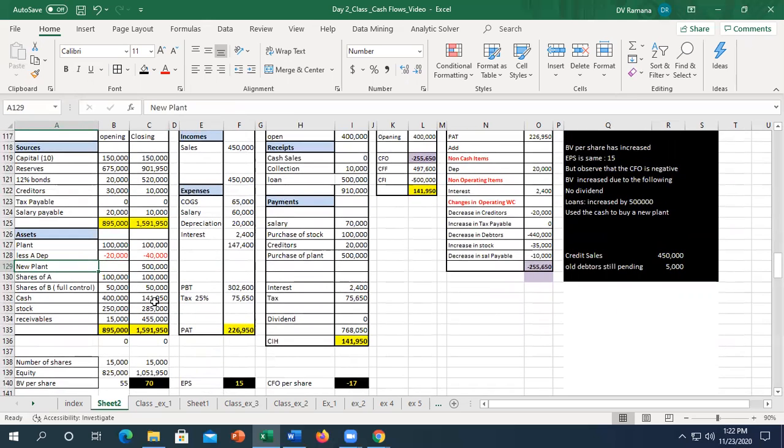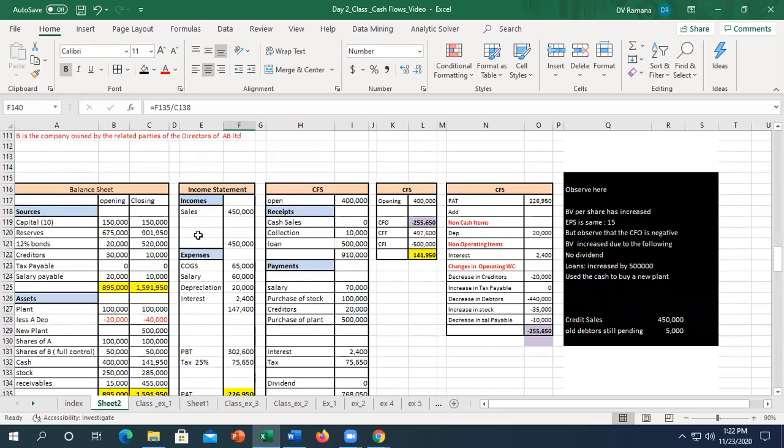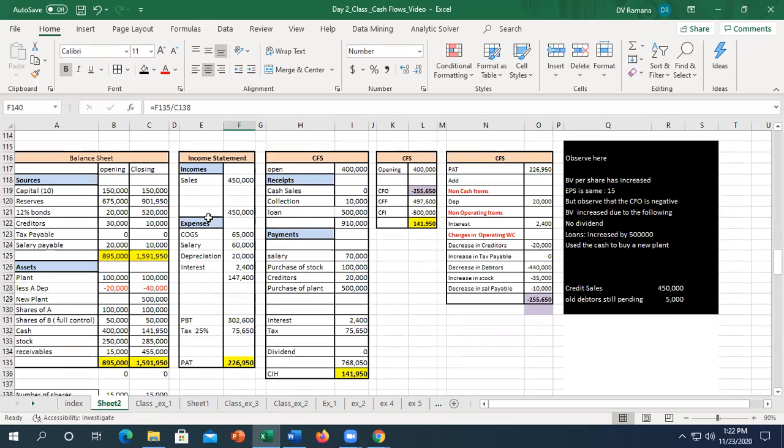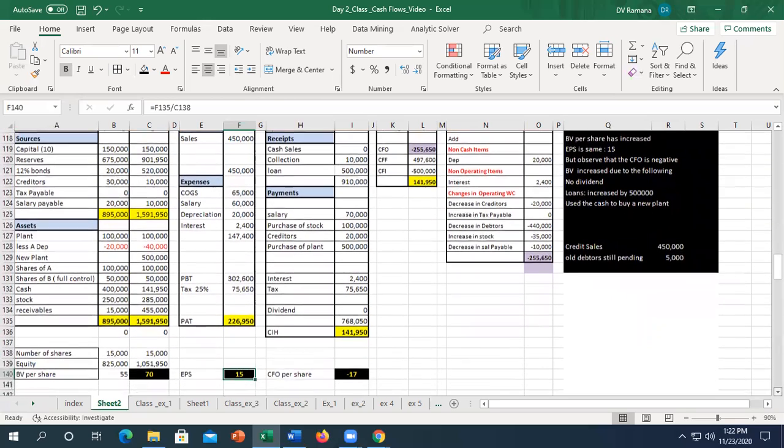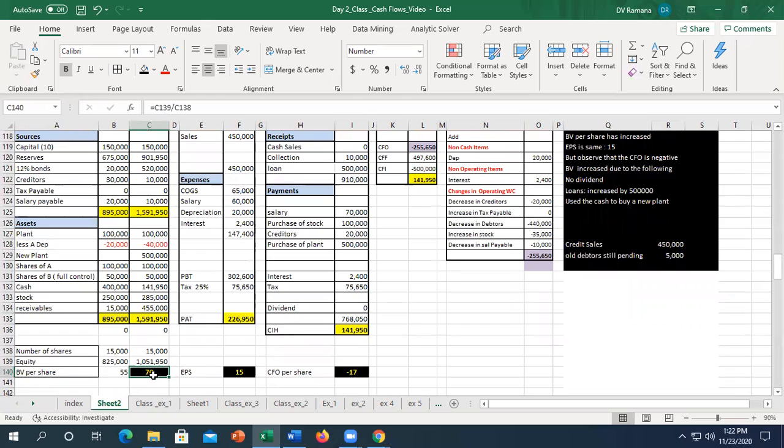Now, are you able to see? It is not just the numbers which will tell you what is happening; you have to also understand the context. Examine the numbers. First, observe the interrelationship between the financial statements. Understand some important numbers like book value per share, earnings per share, and cash flows, with a focus on cash flow from operations. Then examine why the cash is changing.